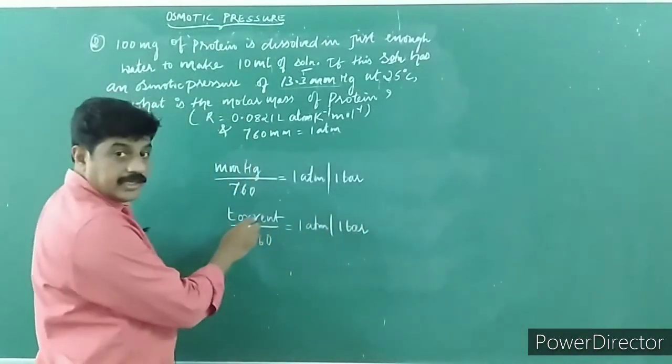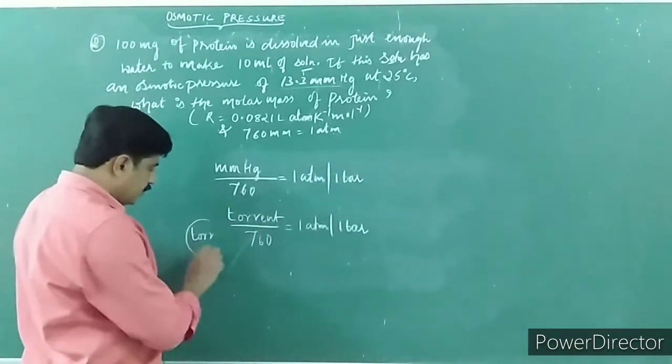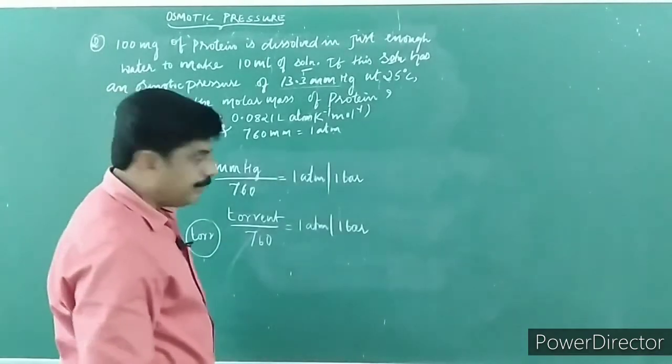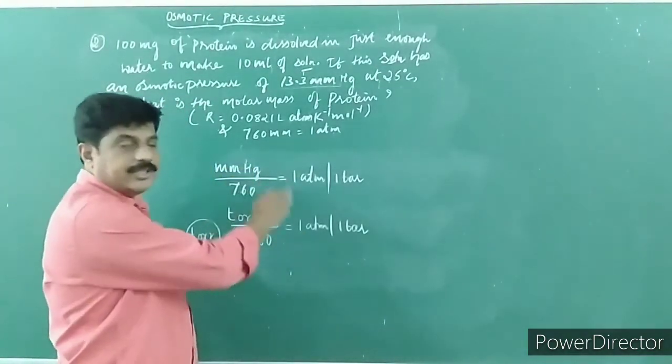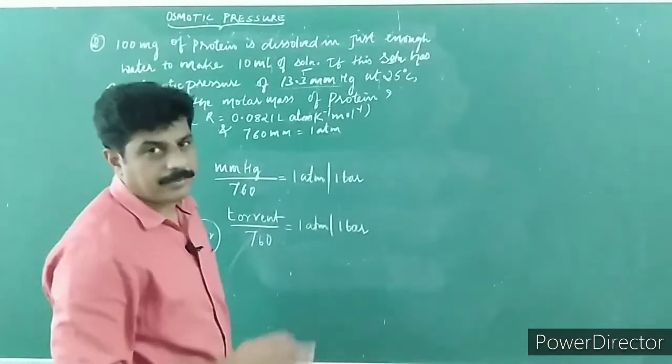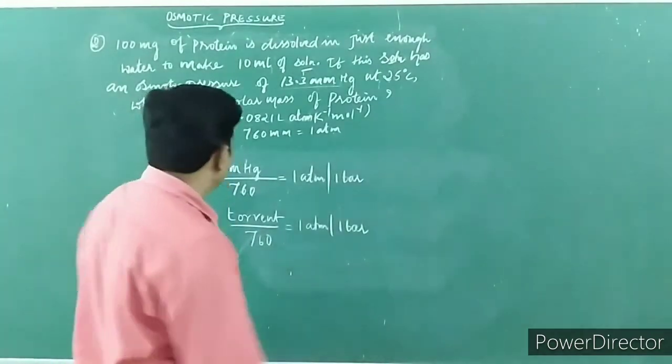Remember, torr, abbreviated as TORR. This also you should know. They may give it either in mm mercury or torr, and you need to convert that into atmospheric pressure or bar pressure. Hope you understand that. With that, let me take up this numerical.